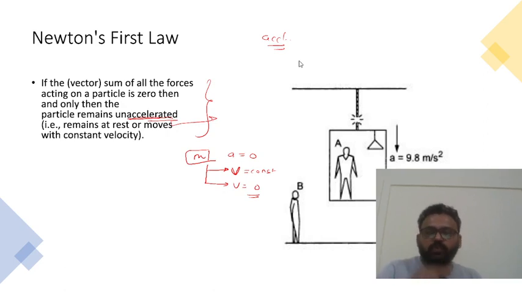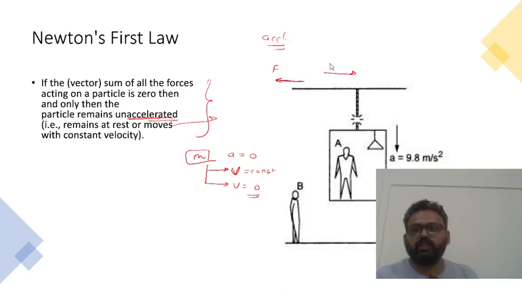Then there is a force of friction between your tire and road, which is acting against your motion. If the force of friction is acting in this direction, your motion is in this direction, right?